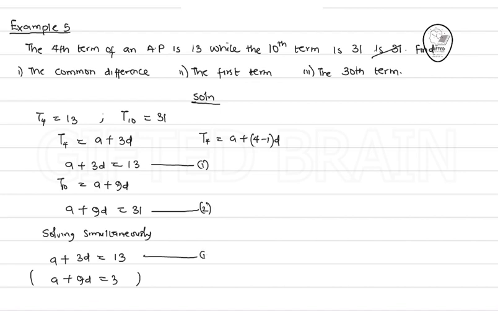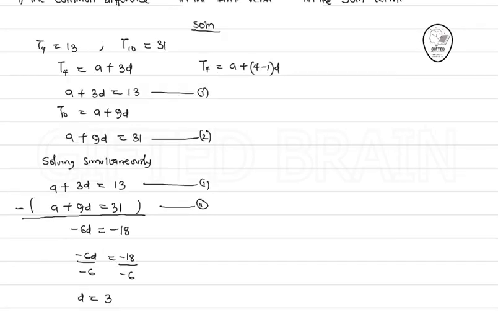This is equation 1, this is equation 2. So A minus A will give me 0. 3D minus 9D will give me minus 6D. Please, this is 31, not 3. And then 13 minus 31 would give us minus 18. And so from there we can divide both sides by minus 6. We've gotten our D to be equal to 3.